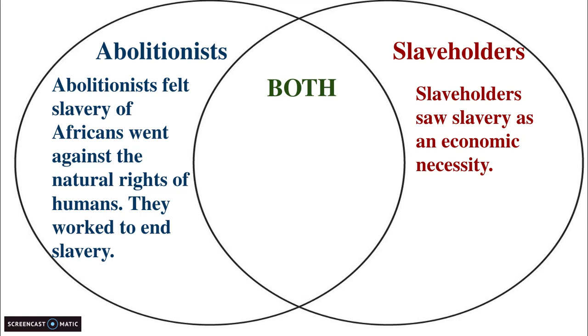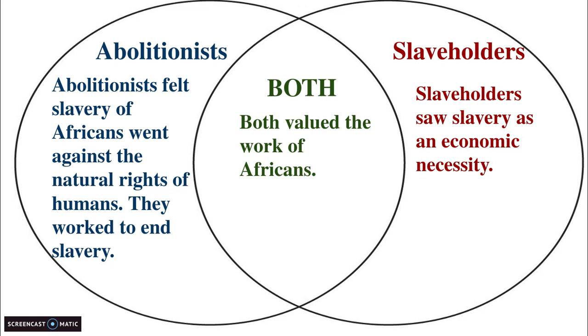So they thought it was an economic necessity to have slaves because it helped harvest crops quicker. It helped plant crops quicker, and slaves did almost all the work. So slaveholders saw it as a necessity. Both valued the work of Africans, just in different ways.